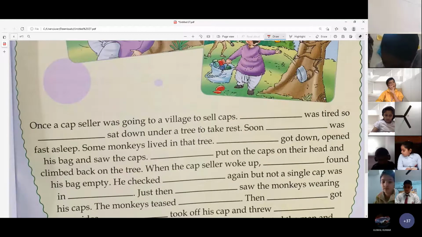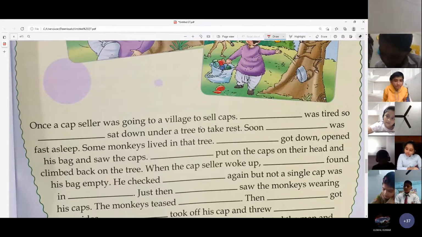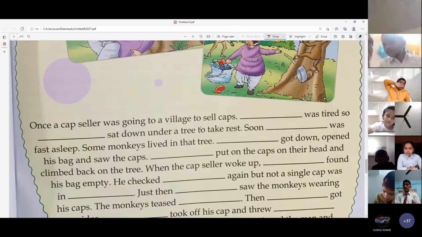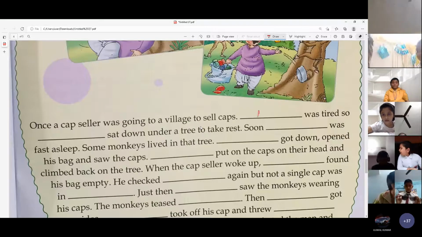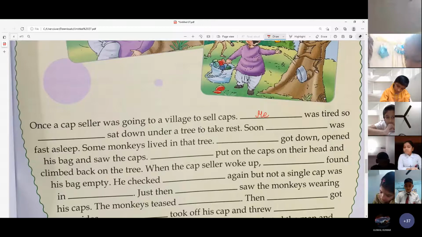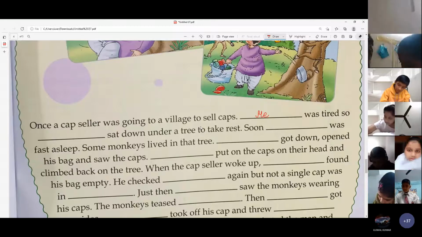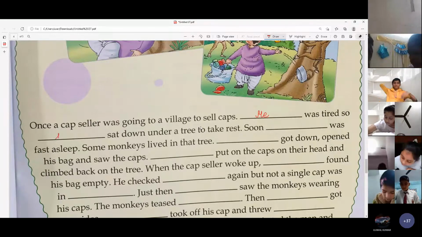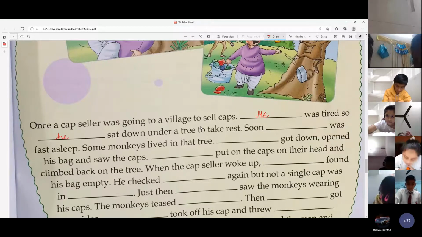Once a cap seller was going to a village to sell caps. He was tired, so he sat down under a tree to take rest.